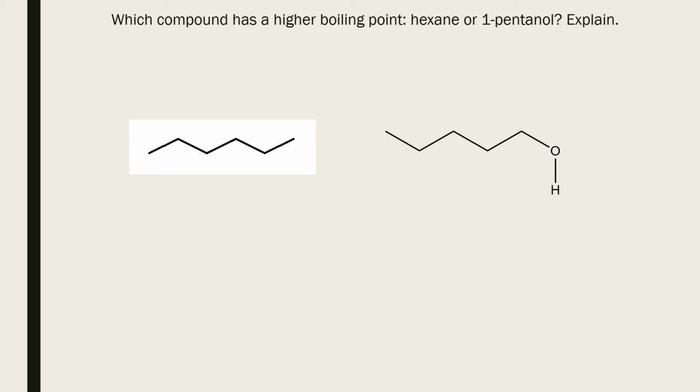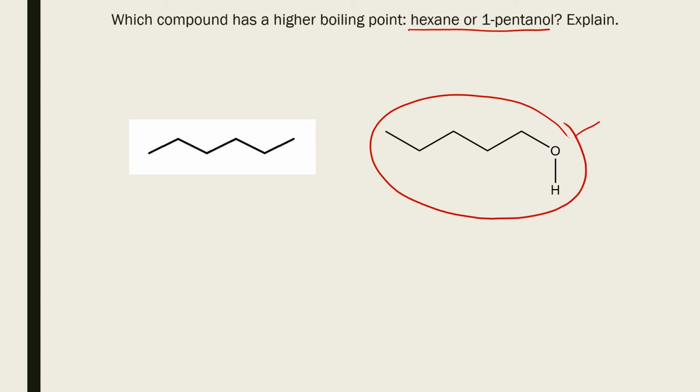Which of these compounds has a higher boiling point, hexane or 1-pentanol? The answer is 1-pentanol will have a higher boiling point. The reason is the presence of hydroxyl group, which is polar in nature. 1-Pentanol, like all other alcohols, is capable of forming hydrogen bonds with other alcohol molecules because of the presence of strong intermolecular forces, that is the hydrogen bonds.